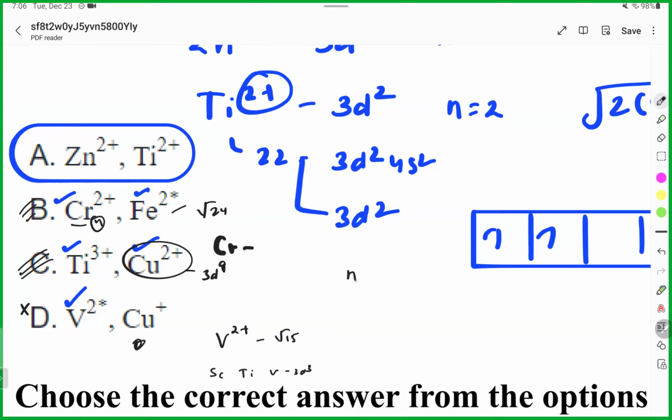Just check what is the n value. If n value is same, then magnetic moment is same. So always calculate only unpaired electrons. If you see in case of iron and chromium, it will be 4. So correct. Here it will be one unpaired electron. In case of copper, one unpaired electron. Correct.